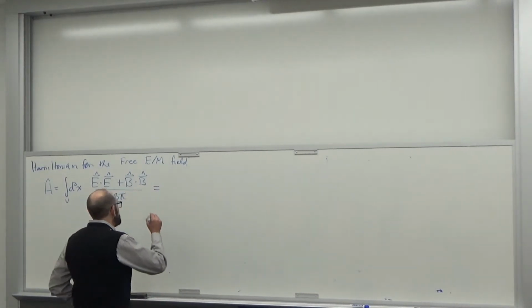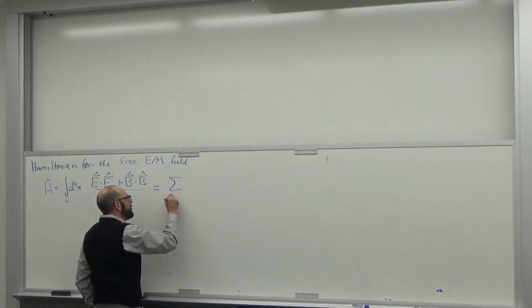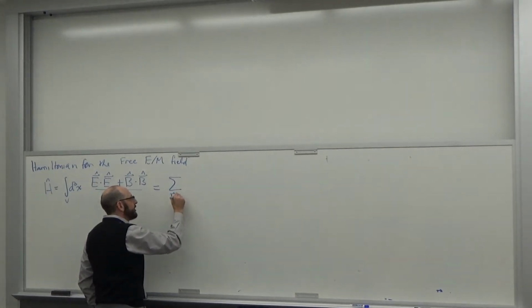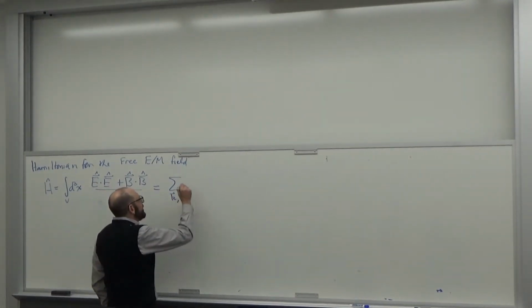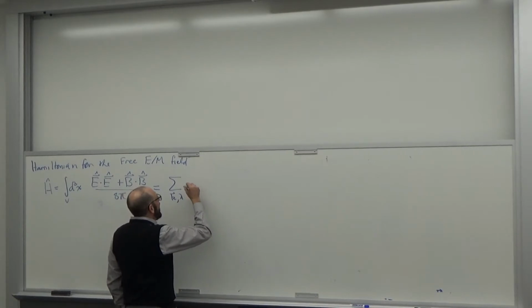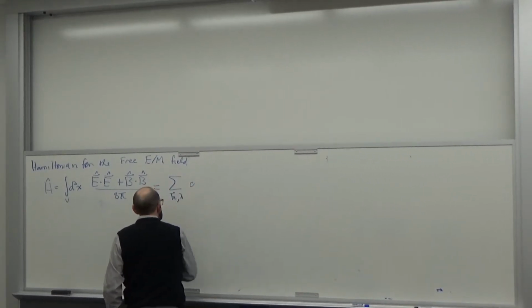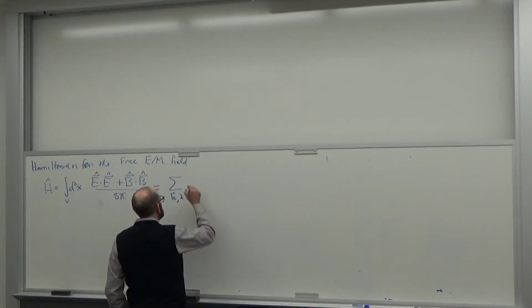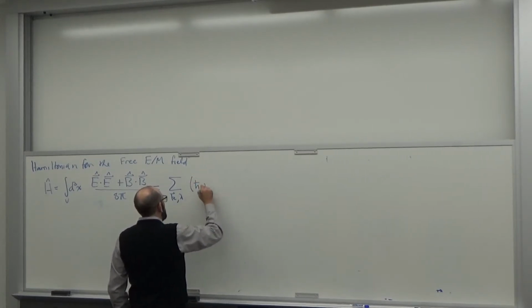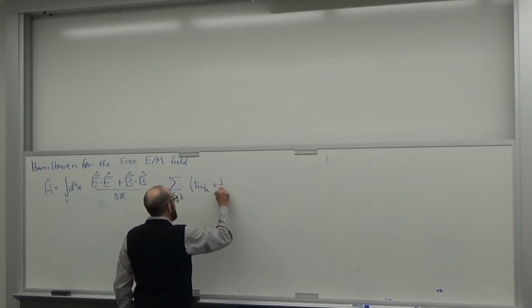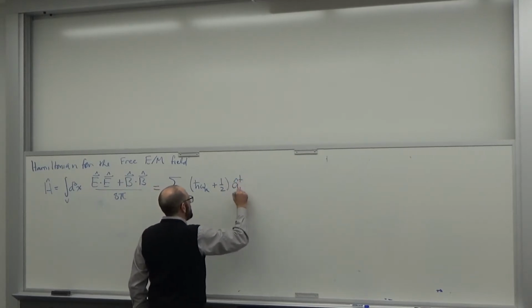And so this is supposed to equal the sum over all the modes, which are denoted by a wave vector and a polarization, of h bar omega sub k times (a dagger a plus a half) for that mode.